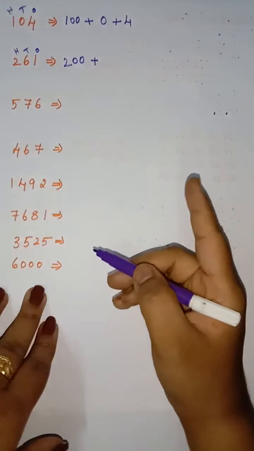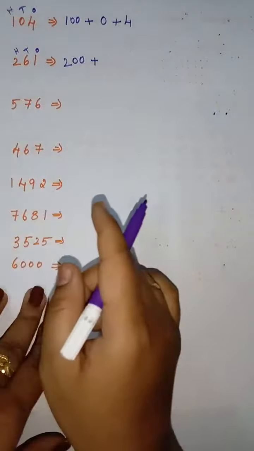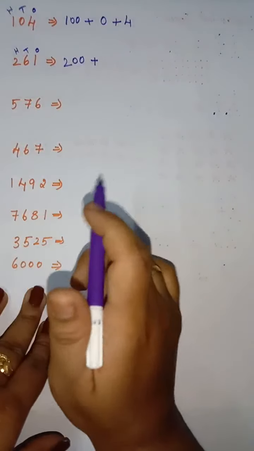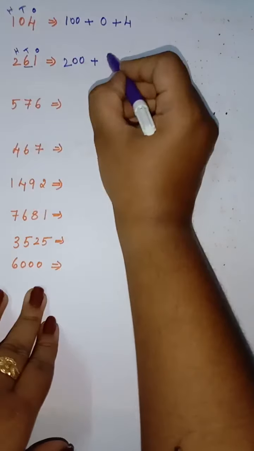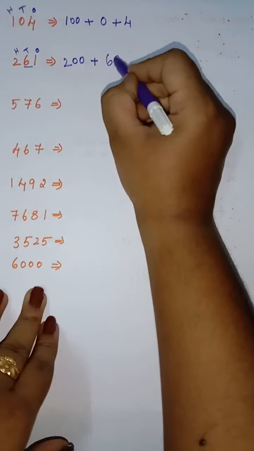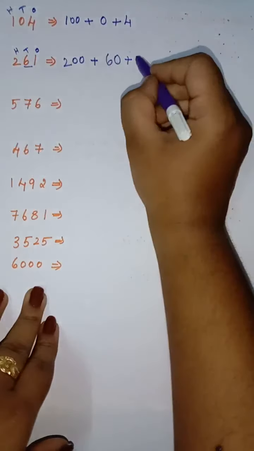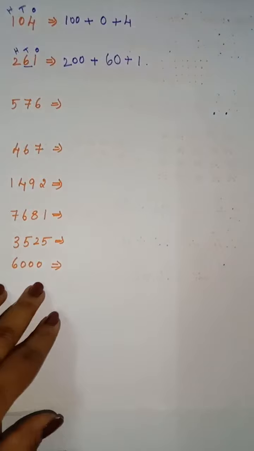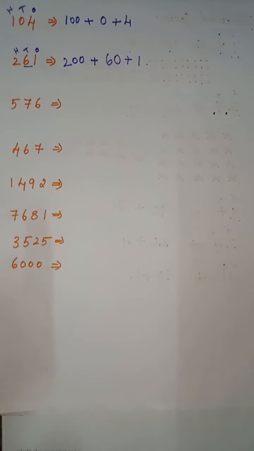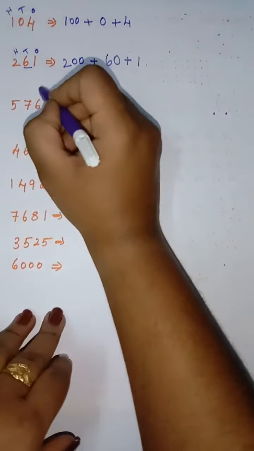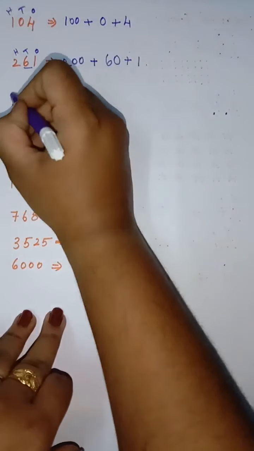Plus is a very important thing in expanded form. Okay, next number is 6. So 6 tens means 1 0, only 1 0 plus the remaining ones 1. Clear?